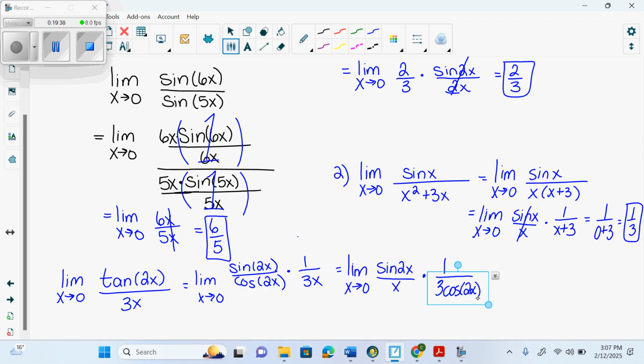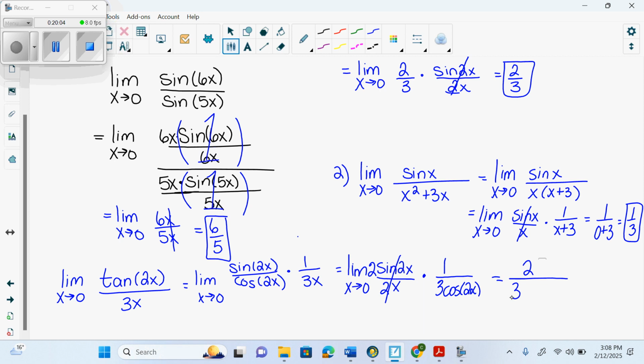Problem child still not gone. I need to multiply this by what? 2, because I need to get a 2x down here. So multiply that by 2, multiply this top by 2. We agree? This becomes a 1, and then I'm left with a 2 on the top, over 3, and I can plug a 0 into a cos in the denominator.